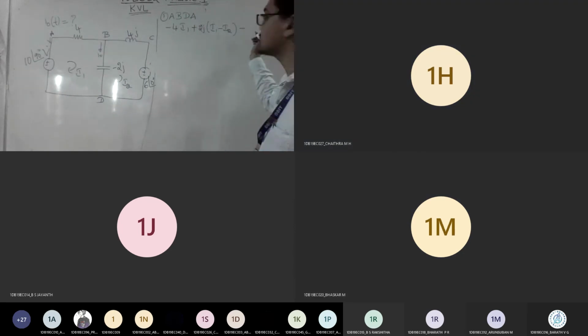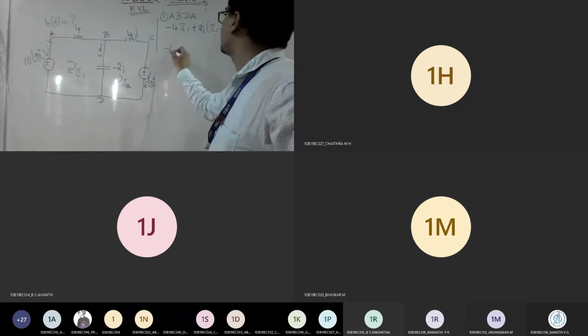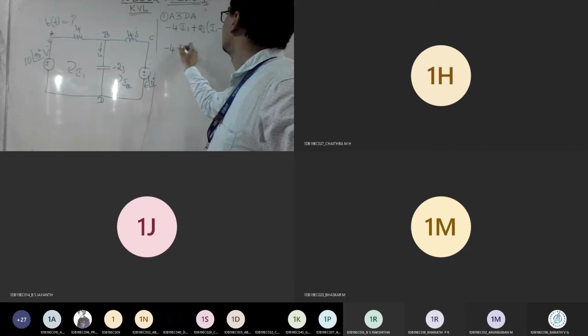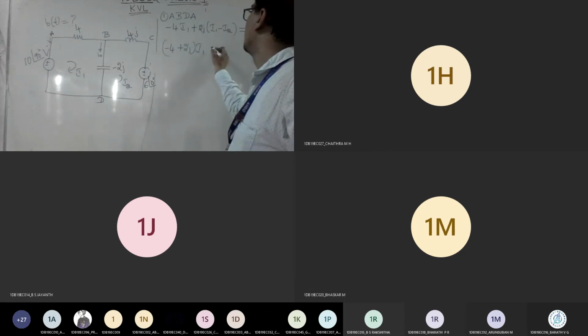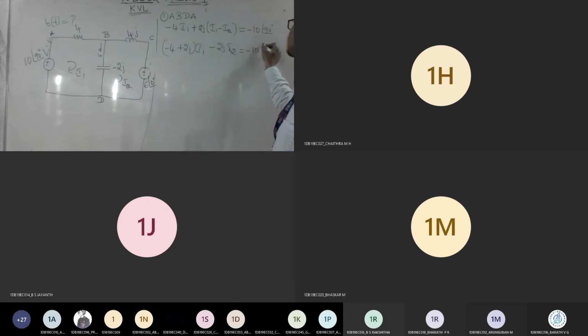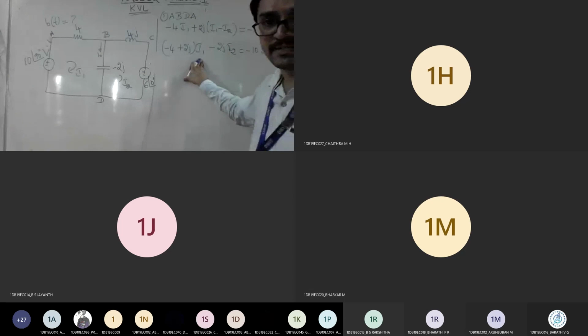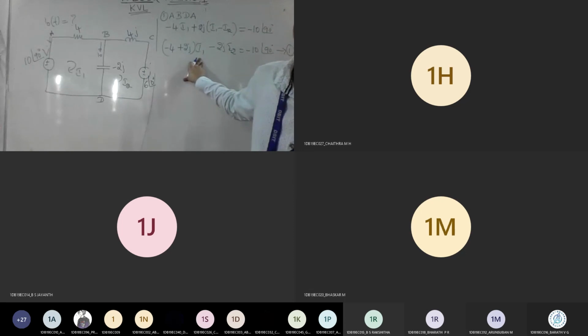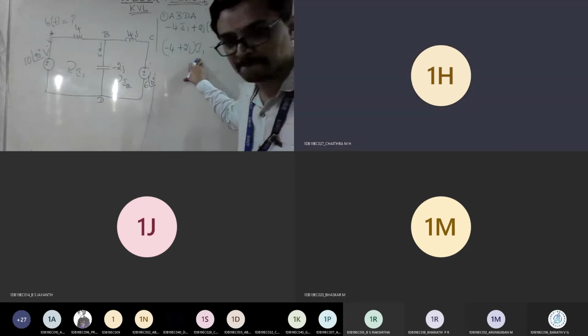If I push it towards the RHS, it becomes minus 10 at an angle 90 degree. So simplify this. Here I can take minus 4 plus 2J common with I1, minus 2J I2, equals minus 10 at an angle 90. So this is your first equation. Am I correct with equation number 1, everyone? Yes, sir.